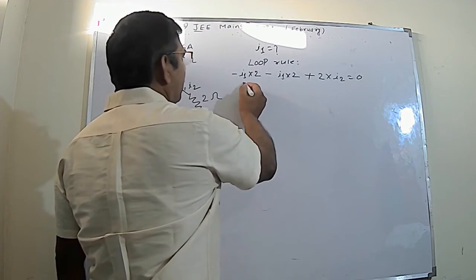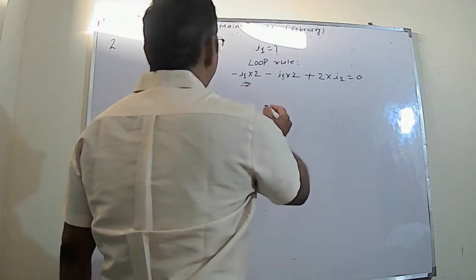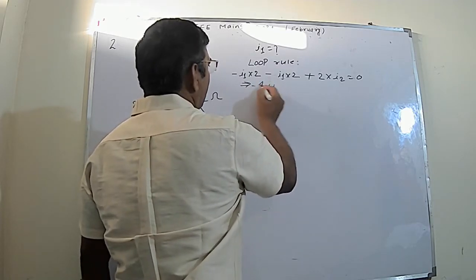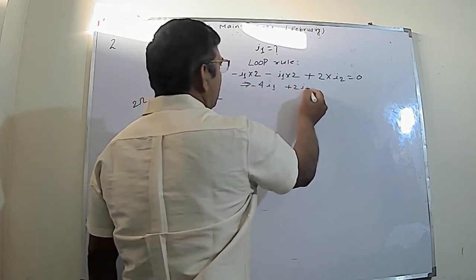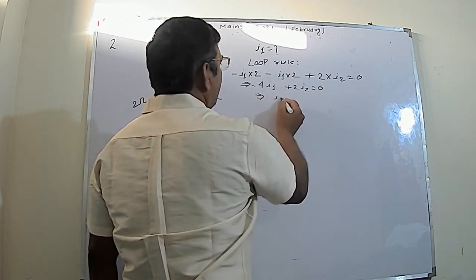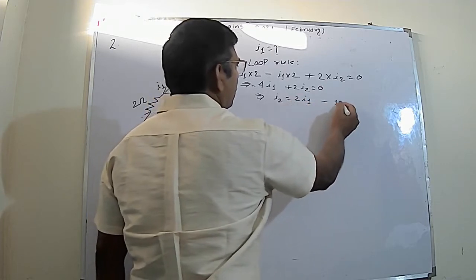So further we can write 4I1 minus 4I1 plus 2I2 is equal to 0. So here we can write I2 is equal to 2I1. This is equation 1.